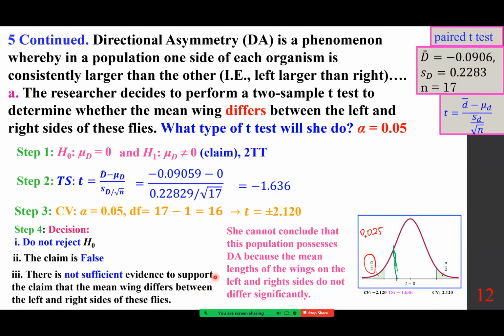Therefore, she cannot conclude that this population possesses DA because the mean lengths of the wings on the left and right side do not differ significantly. Remember, DA refers to directional asymmetry.